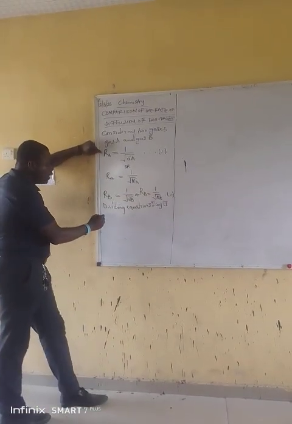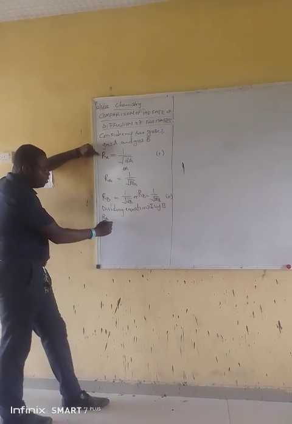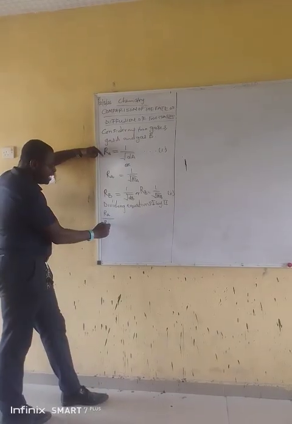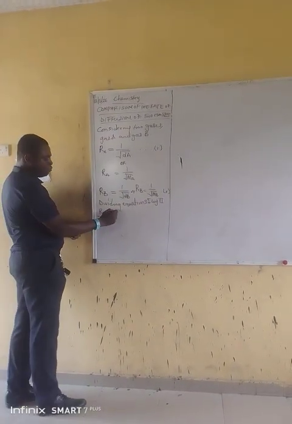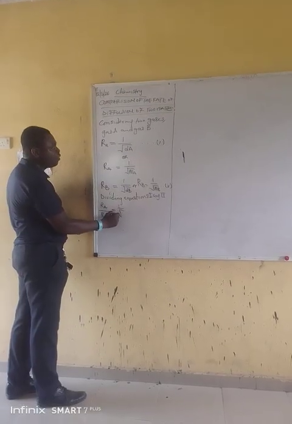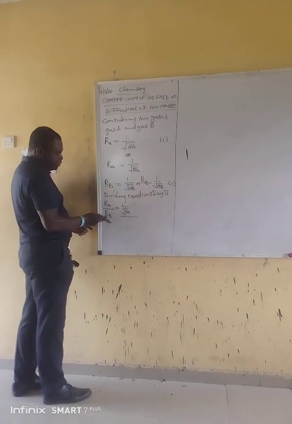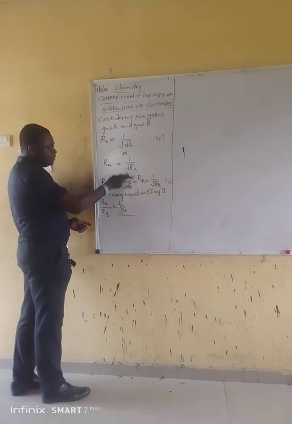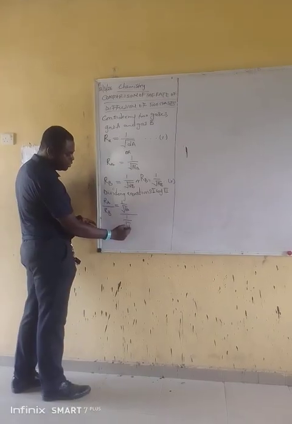We have the rate of diffusion of A over the rate of diffusion of gas B, which is equal to 1 over the square root of the density of A, divided by 1 over the square root of the density of B.